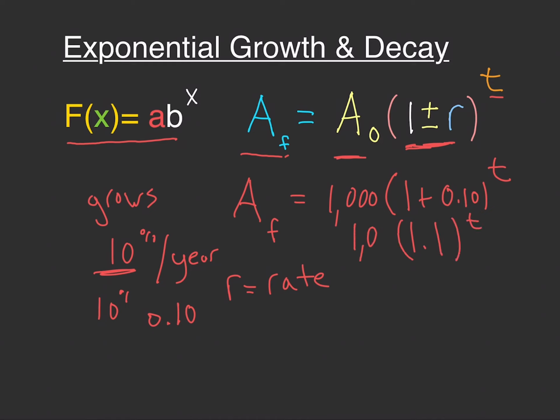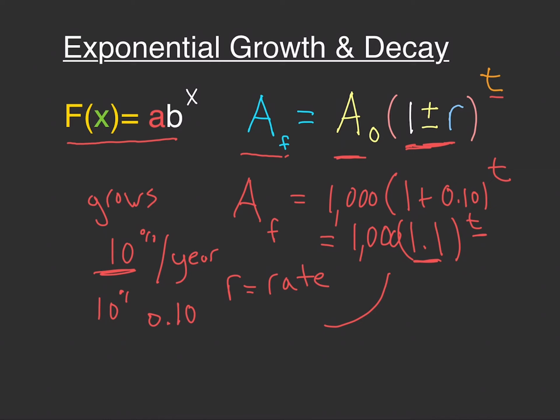This is still the starting amount, 1,000, and I would want to find what happened to this over time. So if I'm multiplying it every year, t is a year, every year I'm going to keep multiplying it by 1.1, so of course it's going to go up over time. That's just an example.